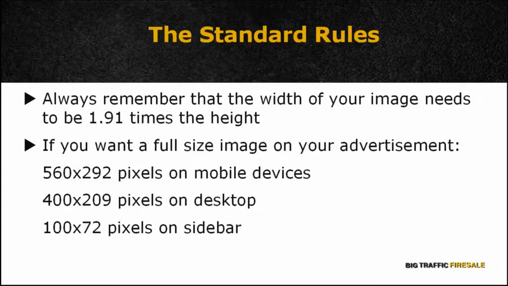These are the standard rules that you would want to apply for your images across devices. Always remember that the width of your image needs to be 1.91 times the height. If you want a full-size image on your advertisement, 560 by 292 pixels on mobile devices, 400 by 209 pixels on desktop, 100 by 72 pixels on sidebar.